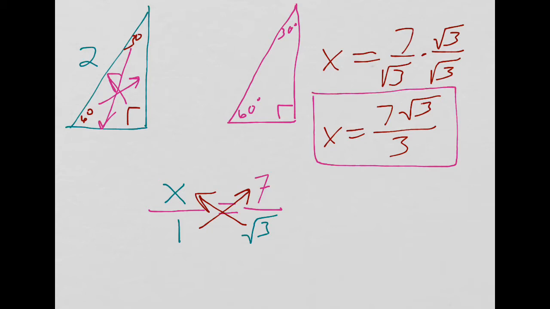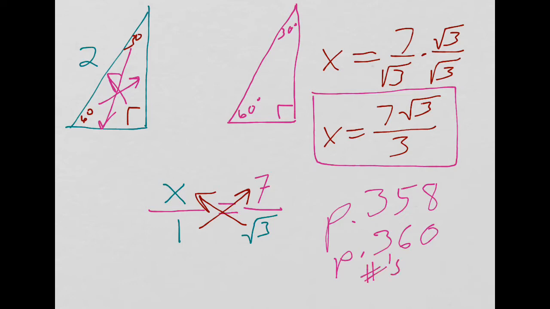All right. Well, I want you guys to turn to page 358, and I want you guys to take a look at example 3 because it talks about just what we were talking about, and then go over to page 360, and I want you guys to try numbers 1 through 15 on page 360.